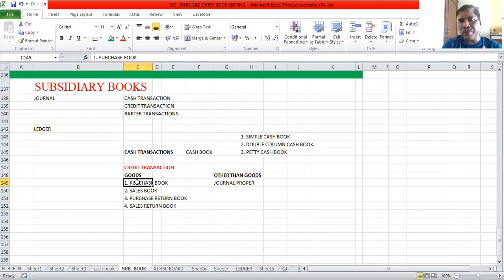He will be looking after only the purchase book, only credit transactions of that, and another person will be only looking after the sales. Someone will be recording the purchase return and sales return.